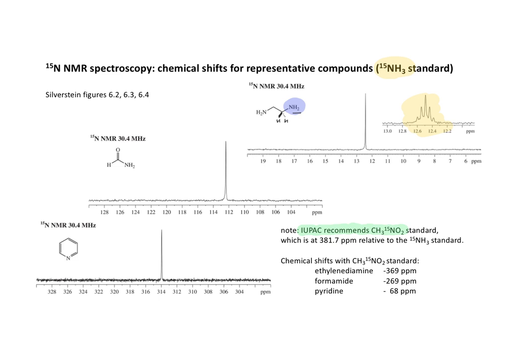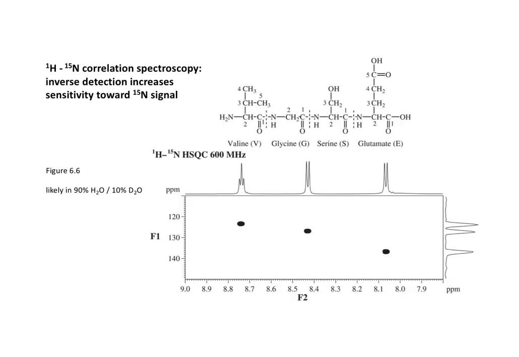But those can be interconverted by using the difference in chemical shift from nitromethane to ammonia. N15 NMR spectroscopy is most useful in a correlation with proton spectroscopy due to the opportunity for inverse detection to increase the sensitivity of the nitrogen-15 signal.